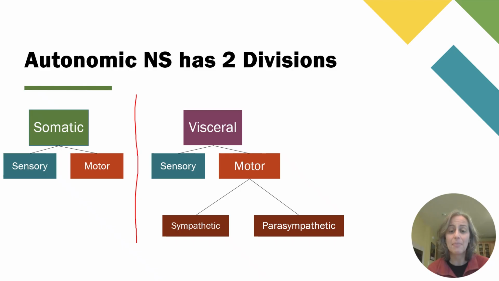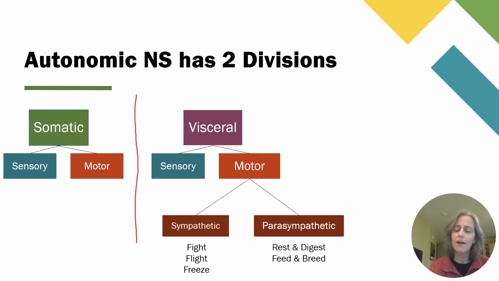We've got sympathetic and parasympathetic, and so the rest of this lecture is going to be divided into those two categories. So sympathetic is often known as fight or flight, or some people will talk about fight, flight, or freeze, because a lot of people caught in a crisis will just freeze. And then parasympathetic is often known as the rest and digest system, or you could call it the feed and breed system, because it's also involved with some reproductive functions.